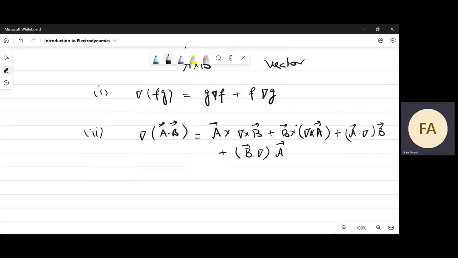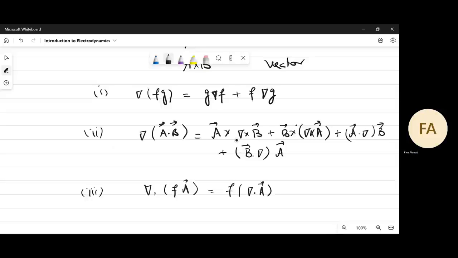Similarly, we have two vectors, for which we can take two divergences and two curls. For divergence, we have del dot fA, where one is a vector function and one is a scalar function. It turns out to be f del dot A plus A dot del f.